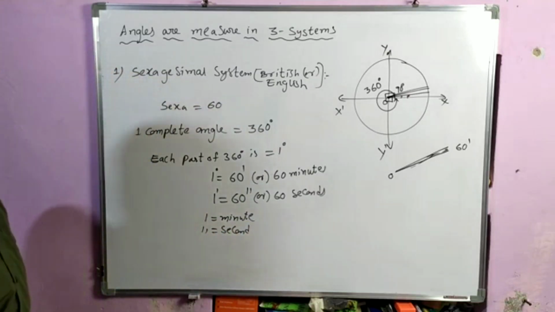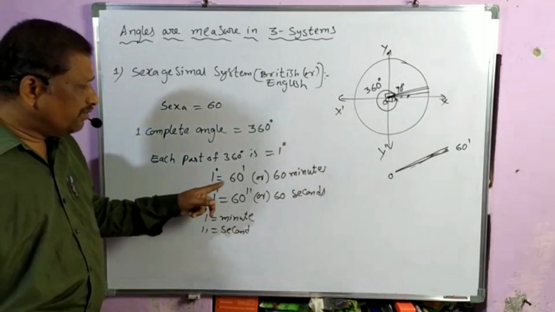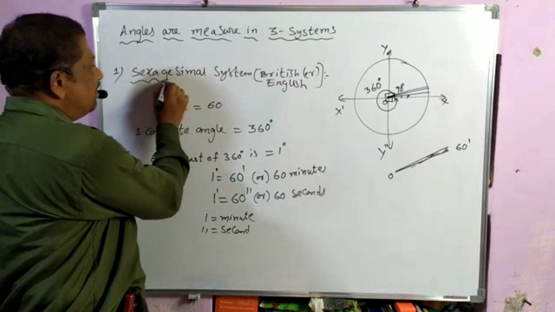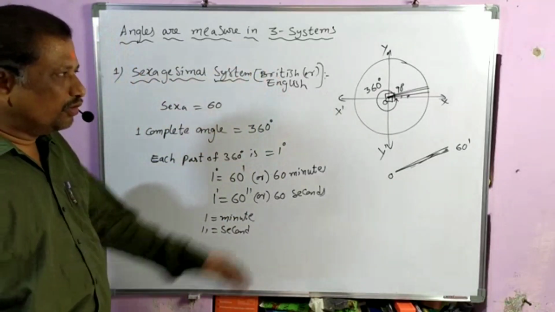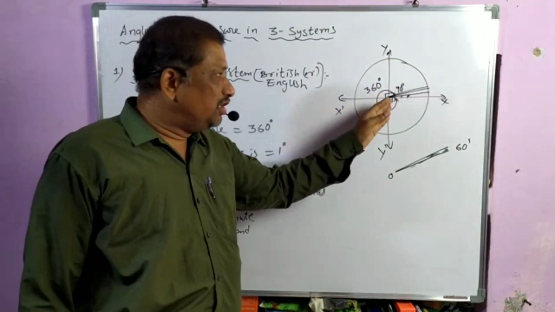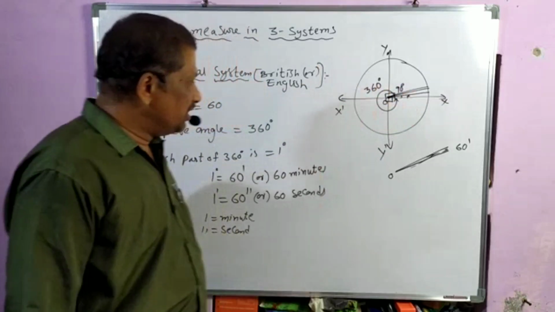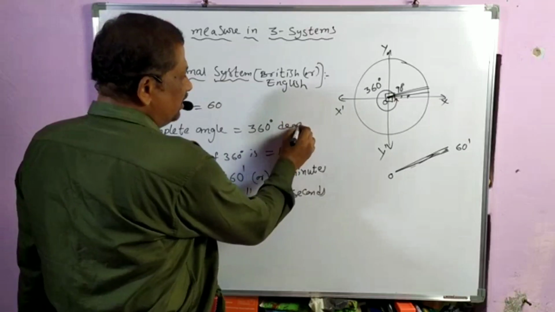Okay. So in this system, everywhere they divided into 60s. That's why this system is called the hexadecimal system, British system or English system. So one complete angle is divided into 360 equal parts. Each part is called 1 degree.